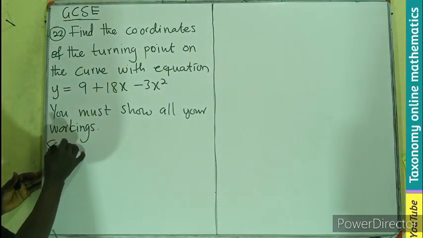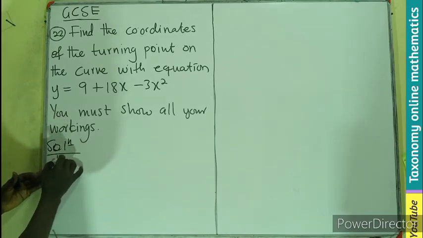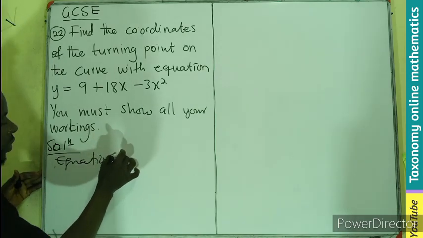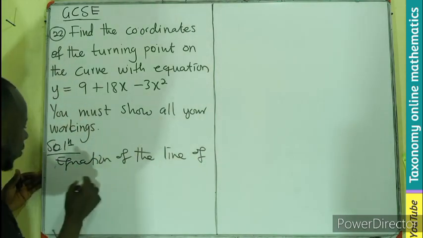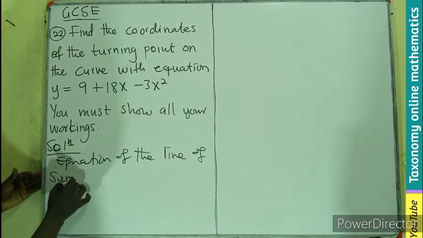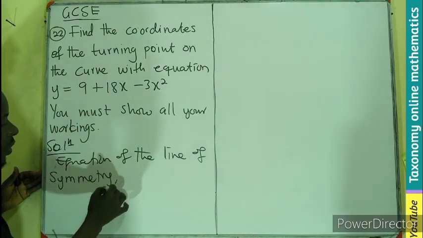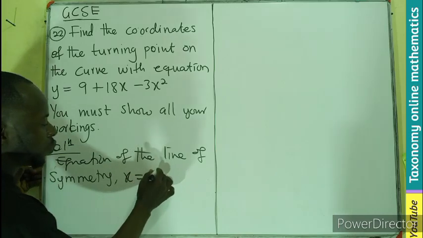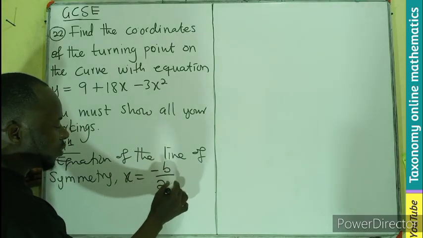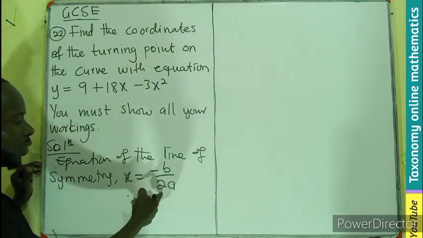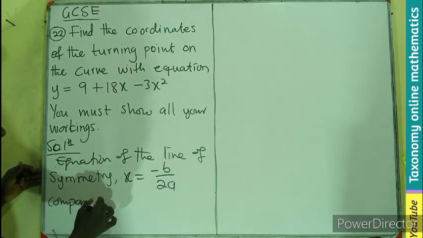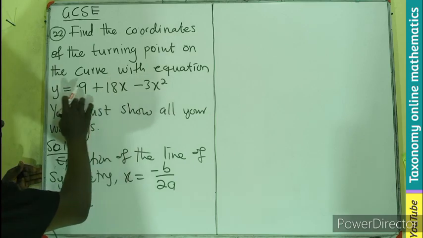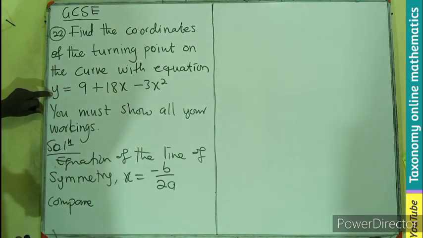So let's see. First of all, the equation of the line of symmetry is given by x equals minus b divided by 2a. After we compare, this can be rewritten making y to be 0.